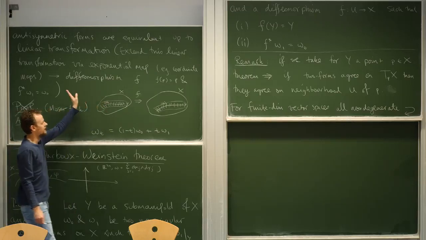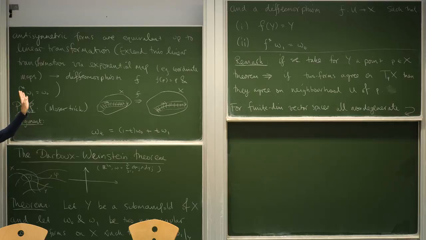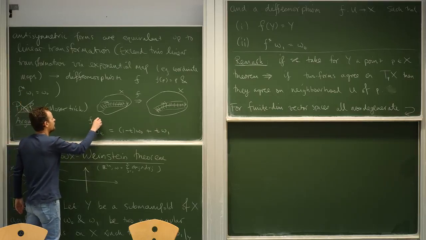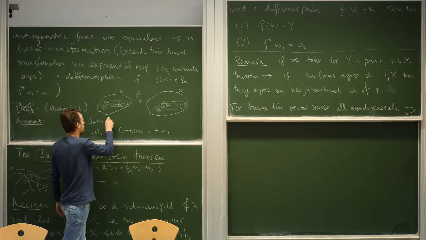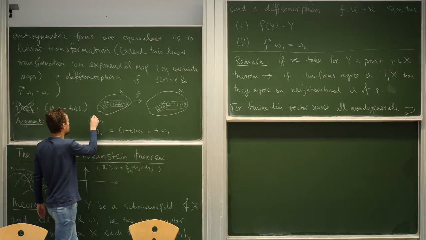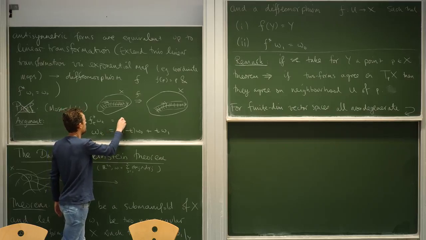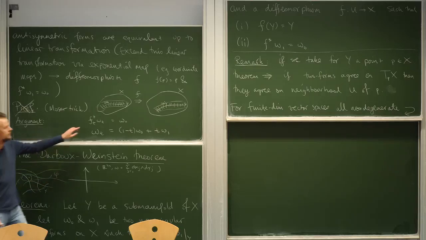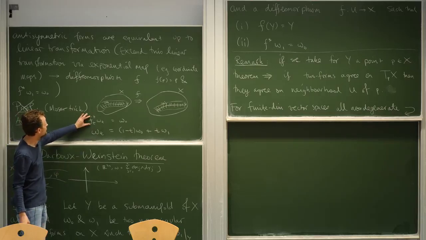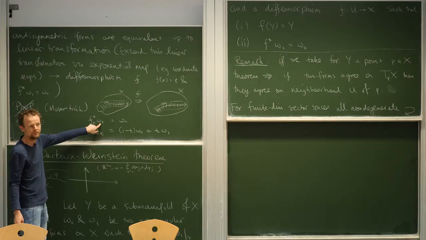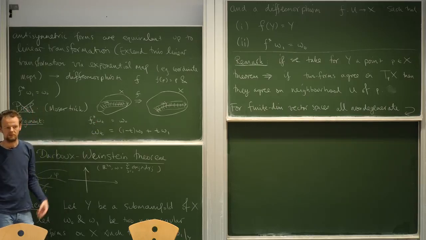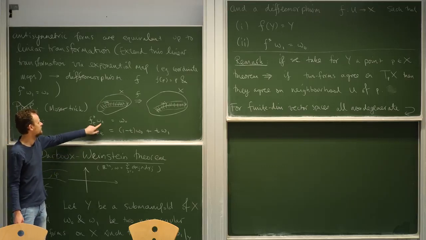And one way you could do that is just write out that f of t star omega t equals omega naught. Omega naught is constant.